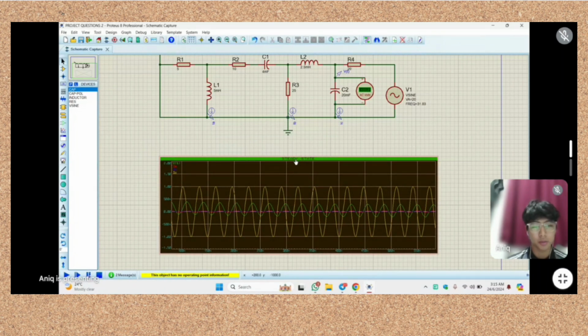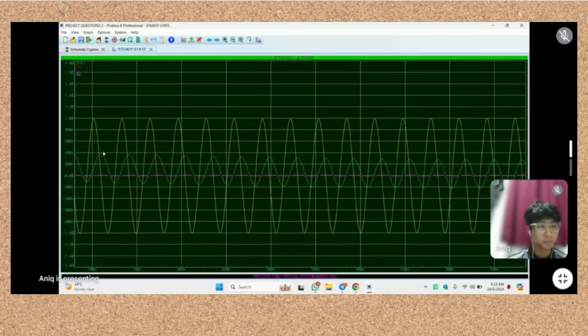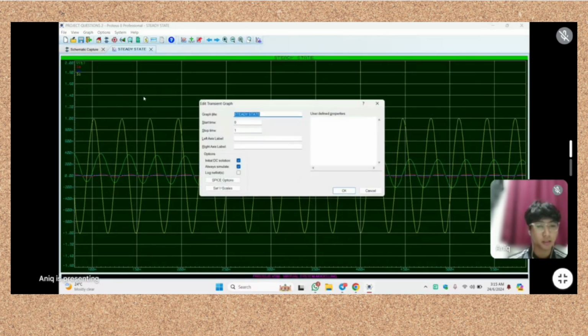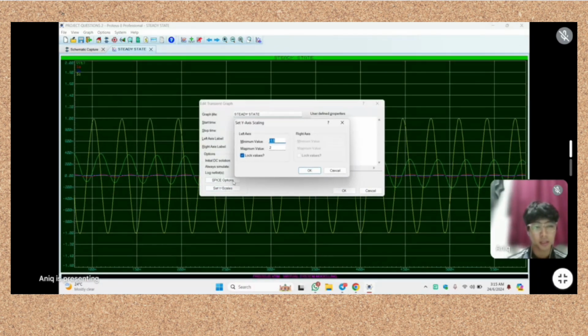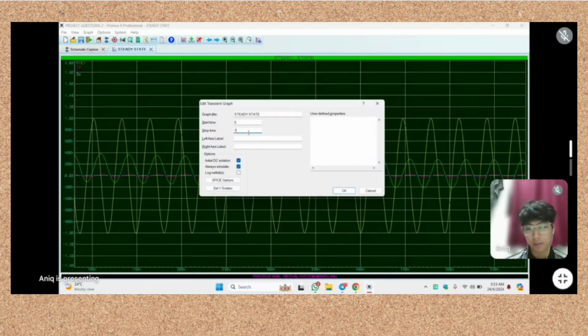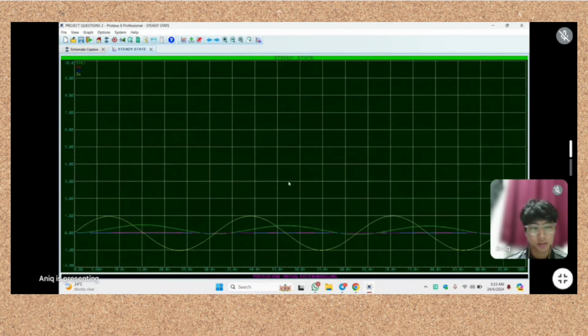We go back to our waveform. In this waveform, we need to edit the graph, which is the Y scale, to negative 1.5, and the maximum value is 2. If we put a larger value, we can see more of the frequency. For example, I change the maximum value to 10, and our stop time is 100 milliseconds. So this is the graph after we change the y-axis and x-axis, and we cannot see the difference between VT, IA, IB, and IC.